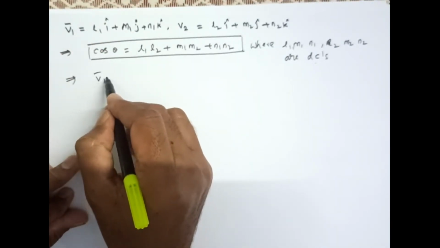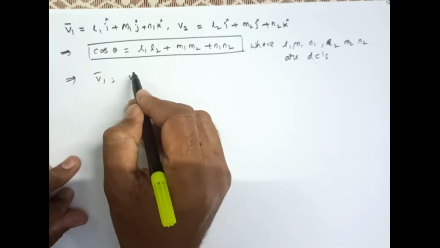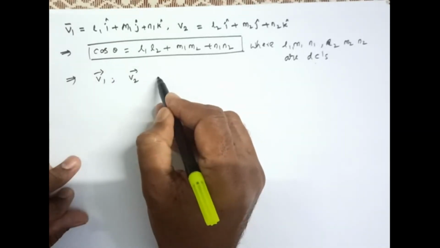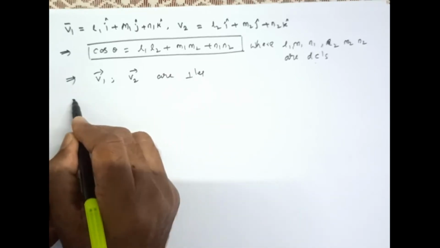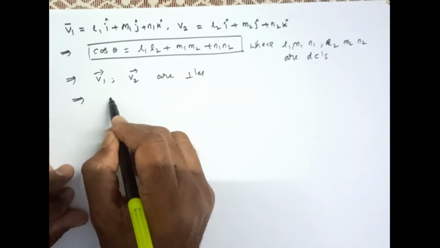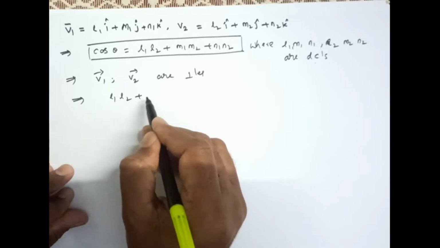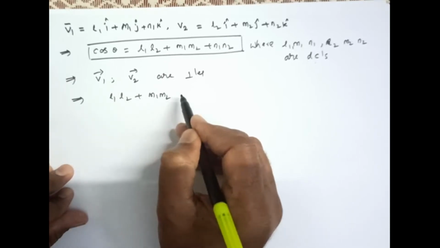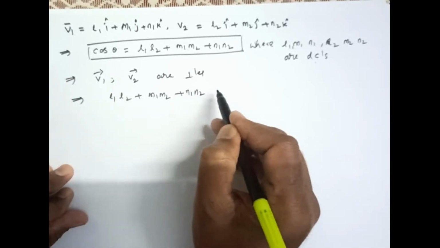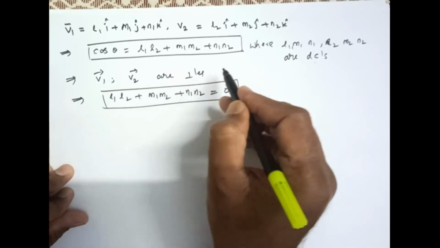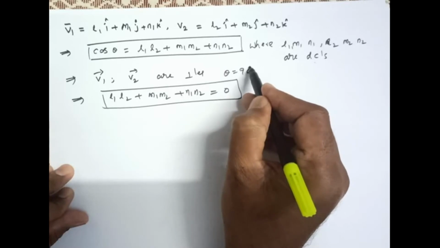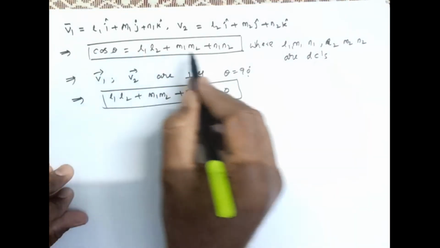Okay, so if these two vectors v1 bar, v2 bar are perpendicular, then the condition we can write as L1 L2 plus M1 M2 plus N1 N2 is equal to 0. Cos 90, theta is equal to 90 degrees, perpendicular, cos 90 is 0.